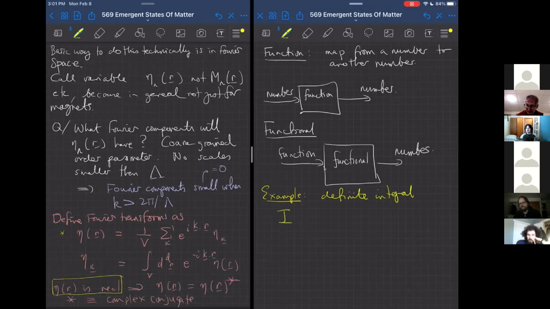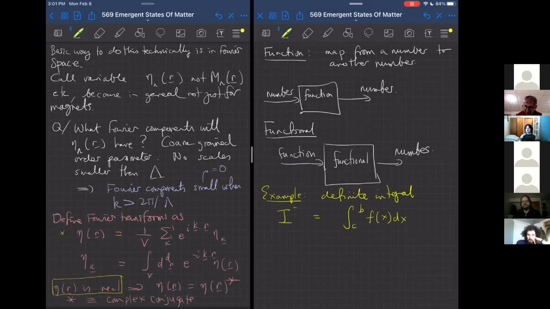If I have an integral from a to b of some function f of x dx, that gives me a number, which we'll call I. To get that number, you tell me what f of x to put in here, and I'll tell you what number comes out.